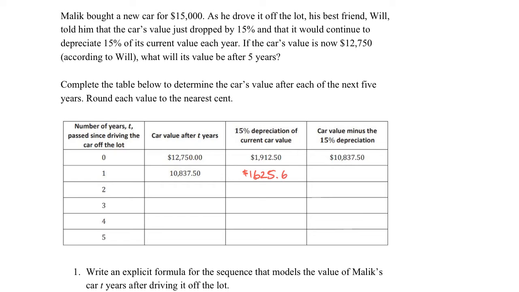And then to get this last box, I'm going to just take 10,837.50 minus the number that I just calculated. And now I have that the new value of the car is 9211.87. And that number we bring down and we put in the next box because that's the start of year 2.